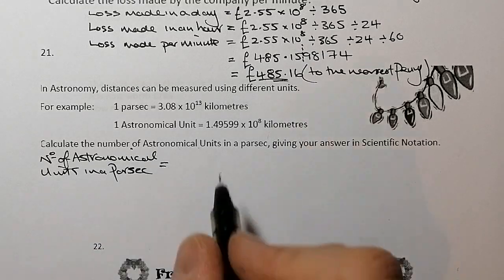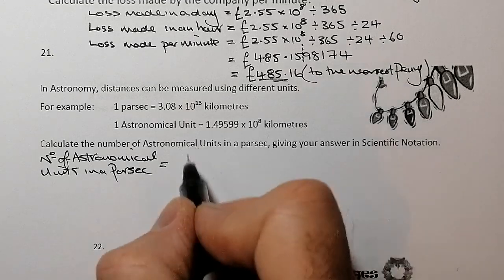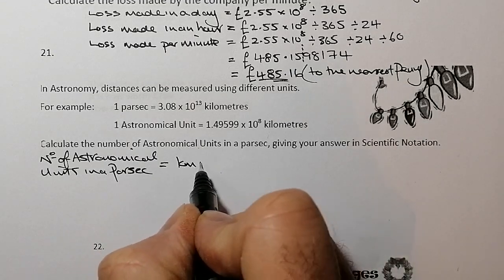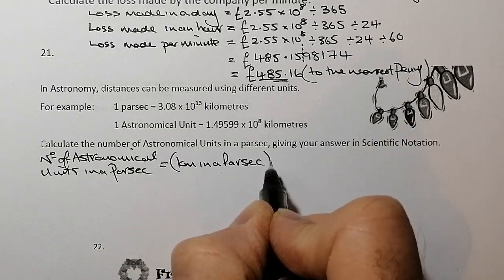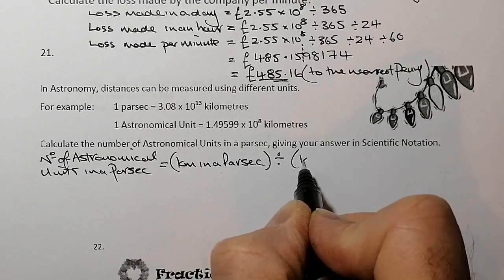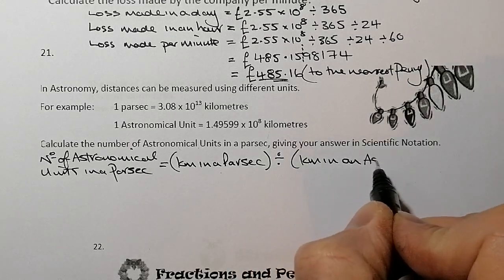Well, the good thing with having the kilometres there is that it will be the kilometres in a parsec, all divided by the kilometres in an astronomical unit.